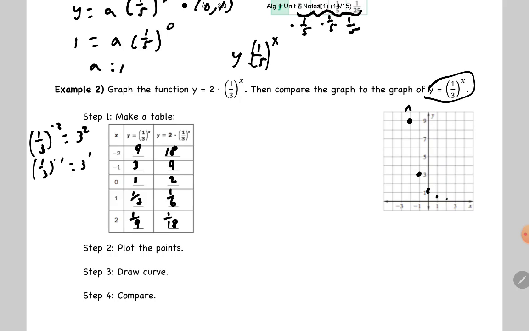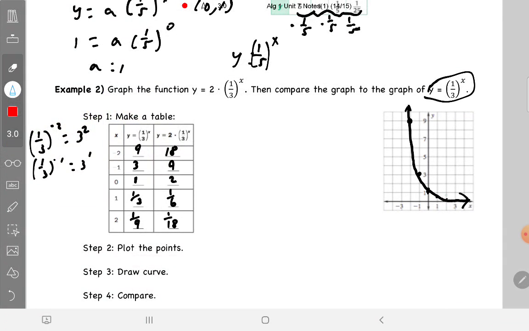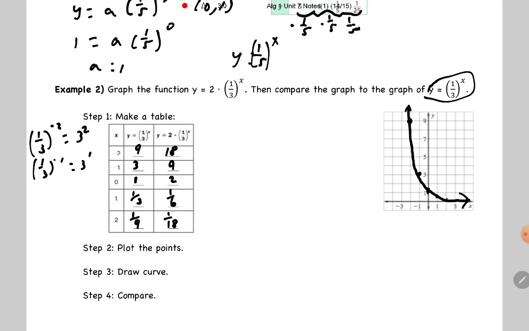So this is what my graph looks like. And if I do the red one, everything would be kind of doubled. So yes, this is doubled. So this would be 2/3 and 2/9.